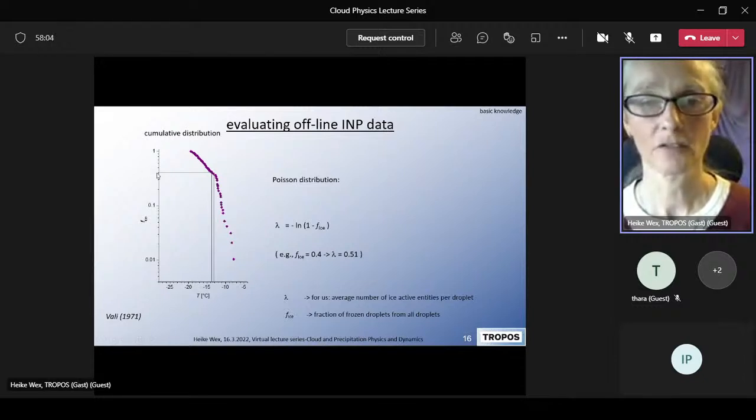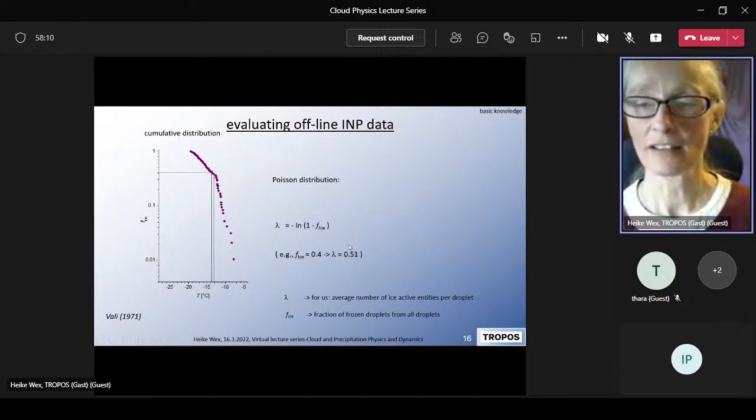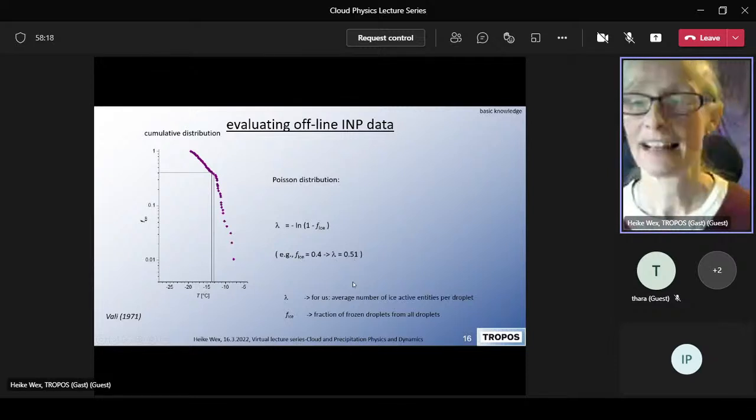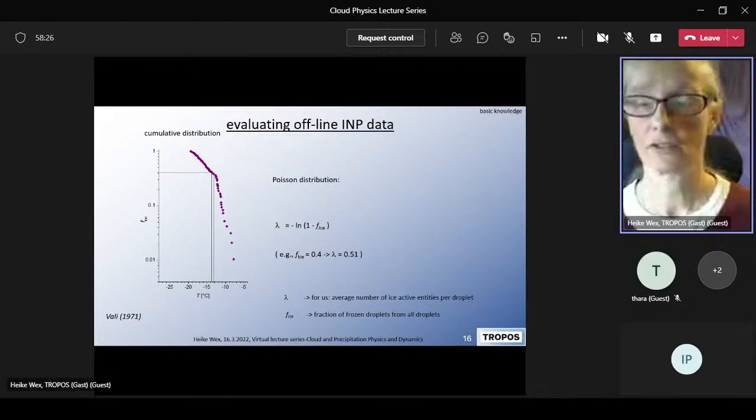So one example: if you measure that 40% of all of your droplets froze, that formula tells you that on average you have 0.51 ice-active entities per droplet at that temperature. So that is what the Poisson distribution accounts for.